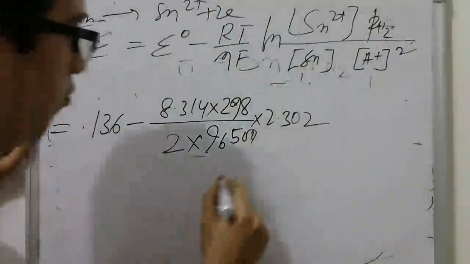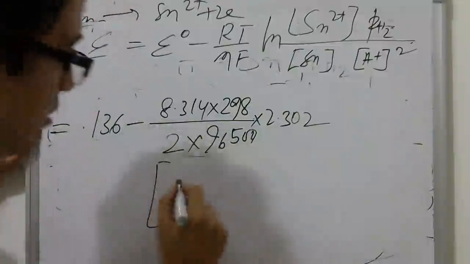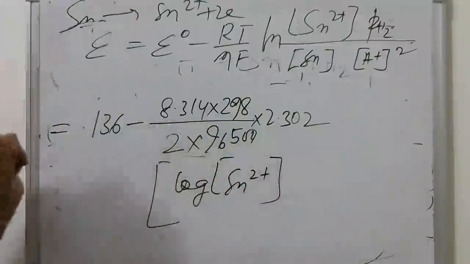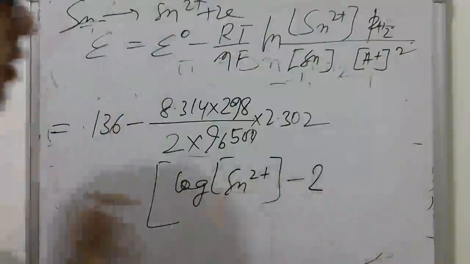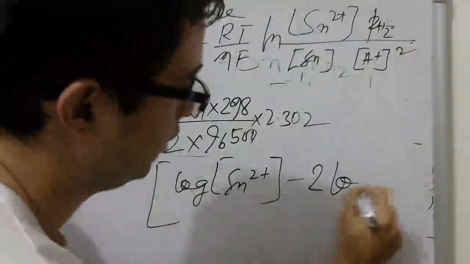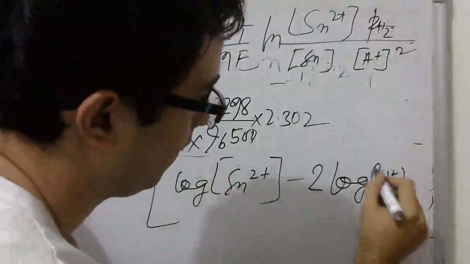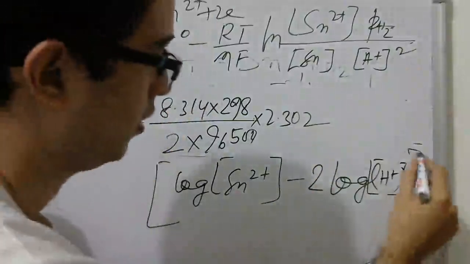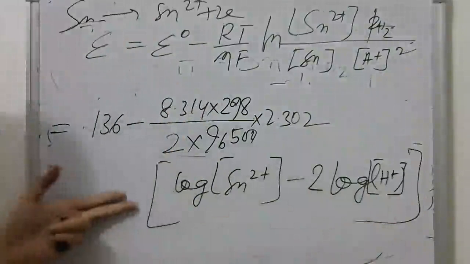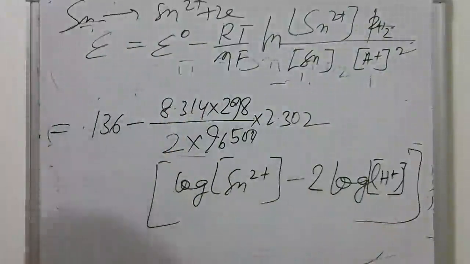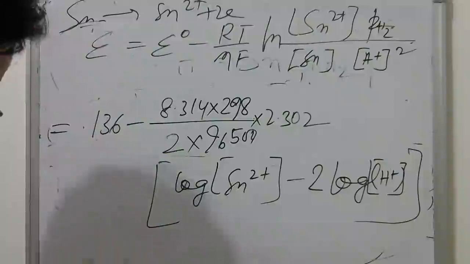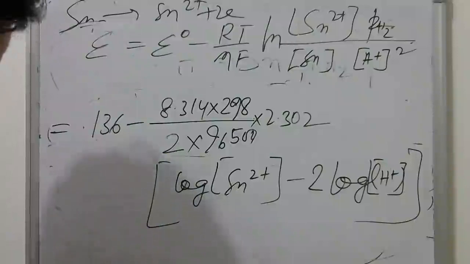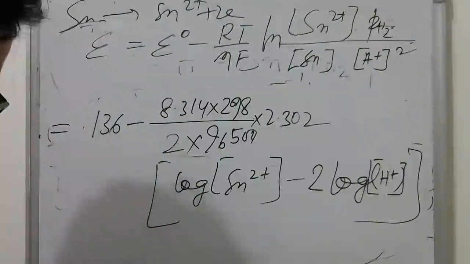Nothing has been mentioned. So what I'm left with in the bracket is the logarithm of Sn2+ minus twice, this 2 comes here, the logarithm of H+, the square was there. This is what we are left with. If you just solve this entire thing, I'll recalculate once more: 0.314 multiplied by 298 divided by 2 into 96,500.